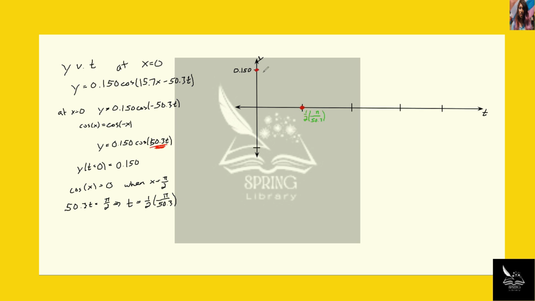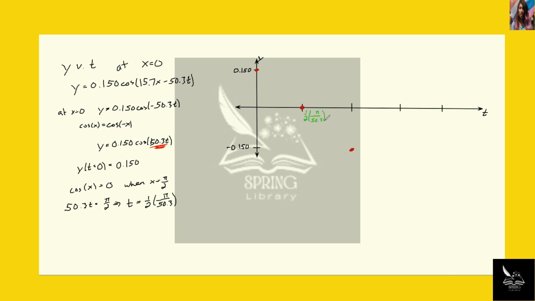Now we know it's going to hit this 0, and then it's going to go down to a minimum value down here. And this minimum value is going to be the negative of our maximum value. So this value down here is going to be negative 0.150. And it's going to be when the cosine term equals negative 1, so negative 1 times 0.150.